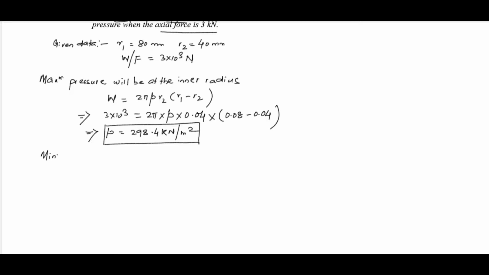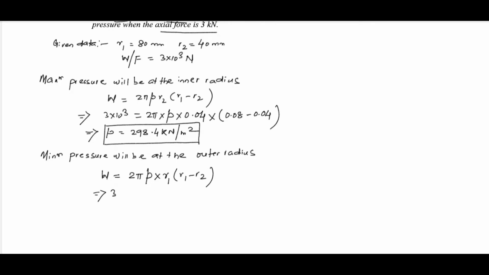Then minimum pressure. This minimum pressure will be at the outer radius. Okay, so we'll use this relation W is equal to 2 pi P, the intensity of pressure, into R1, as it will be at the outer radius, into R1 minus R2.